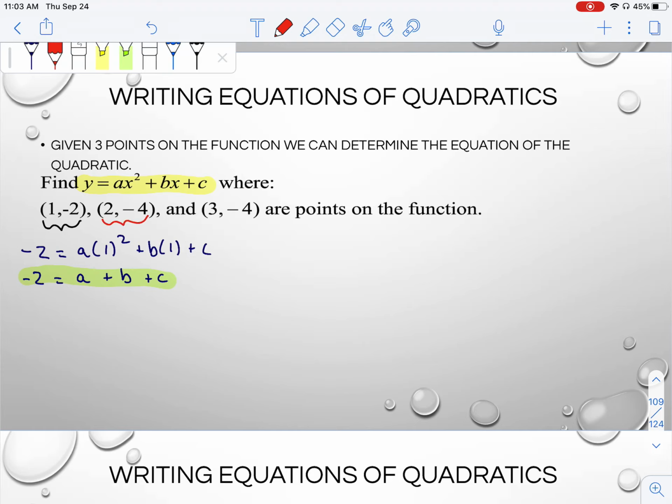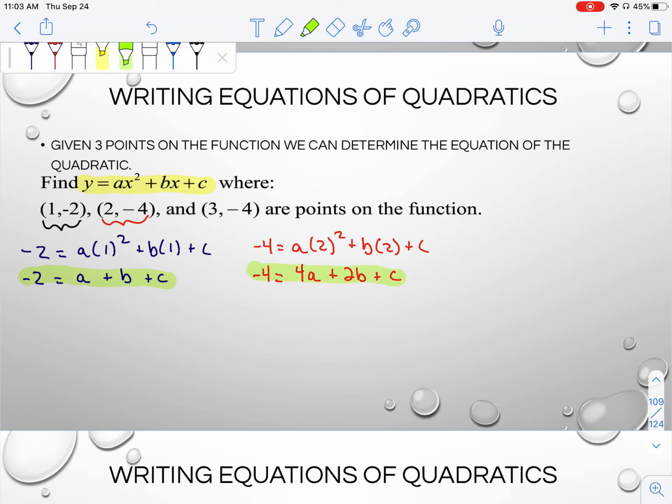Second point, do the same thing. Substitute into standard form. y equals a times x squared plus b times x plus c. Clean this up. 2 squared is 4. 4 times a is 4a plus 2b plus c.